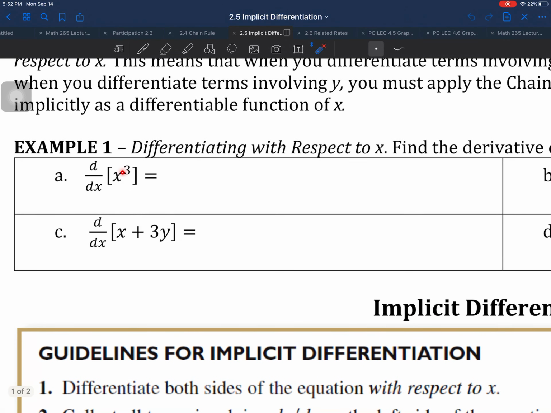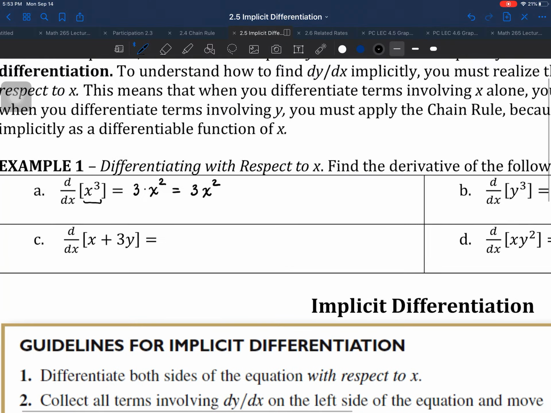And so when we do the derivative of this, we're doing it as we've done before. Take the power of the x, multiply it by x, and then subtract 1 from the power. And that gives us 3x squared. Perfect, right? That's what we've been doing before.